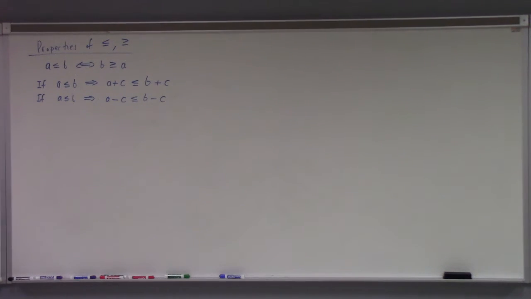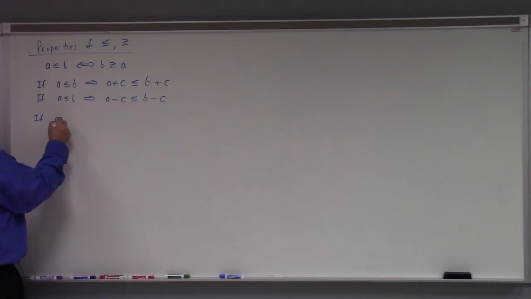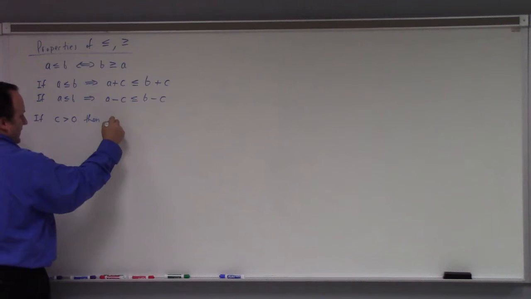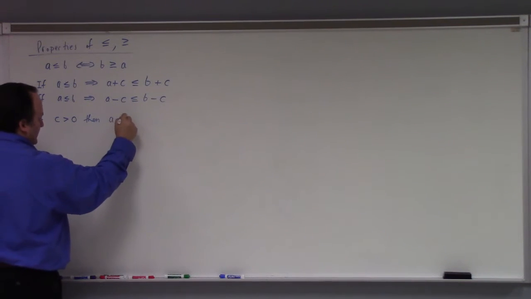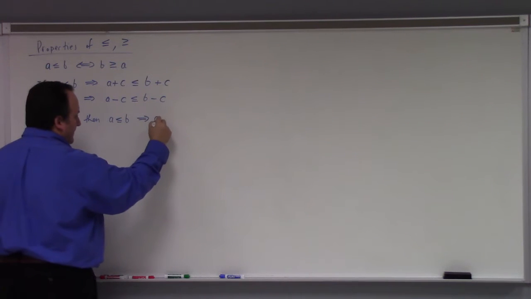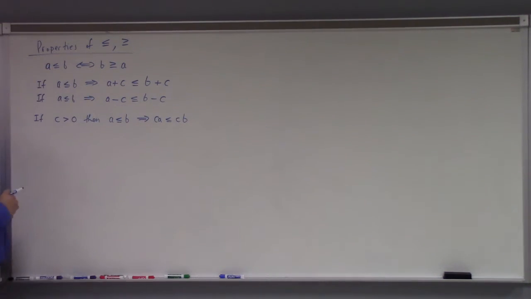Now, multiplication, on the other hand, is a little tricky, right? We have to be careful with multiplication. So here's the deal. If c is greater than 0, then a less than or equal to b implies that ca is less than or equal to cb. That is true.